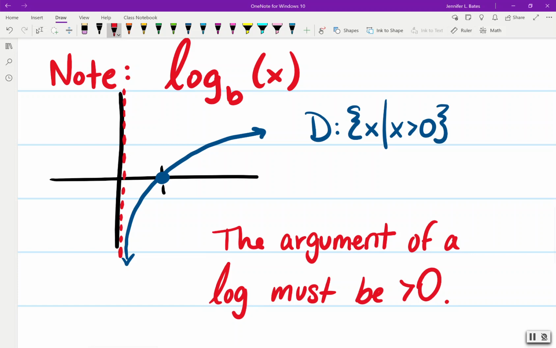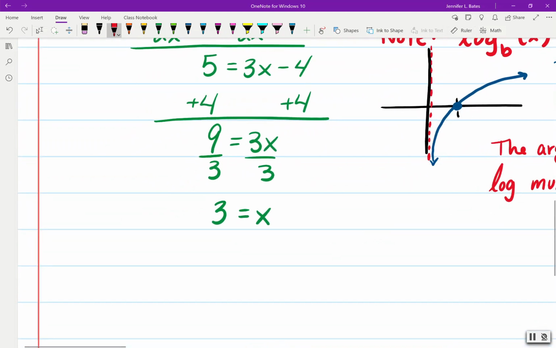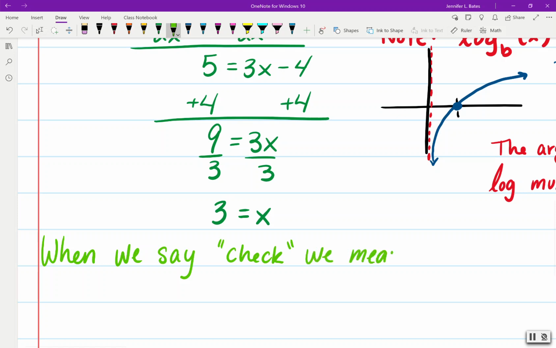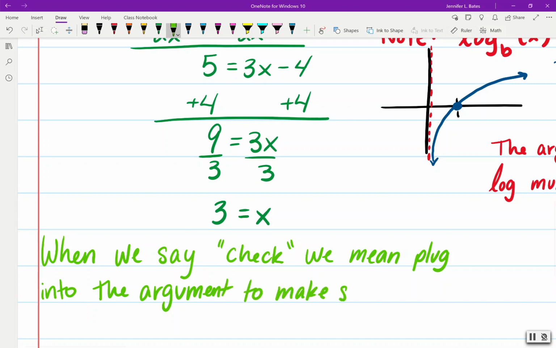So what we're going to do when we look at this problem, when we say check our answer, we mean plug into the argument to make sure it's greater than 0.